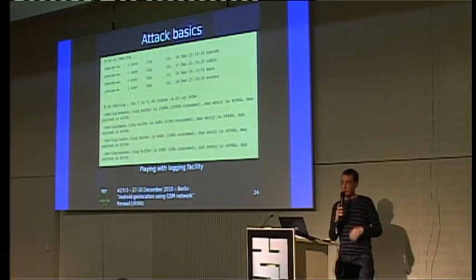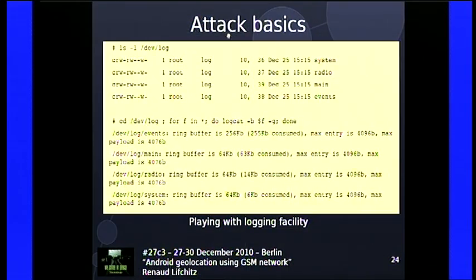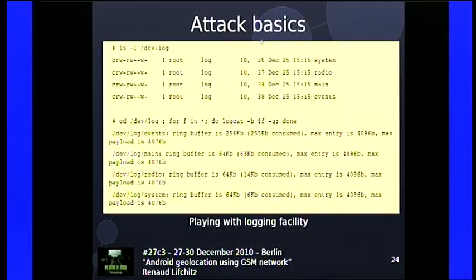Have a look at the logs. So the logs are character devices in /dev/log. Okay, but these are no text files. Okay, these are character devices. So you cannot directly read those files. So you see here 4 logs: the system log, the radio log, the main log, and the events log, right?